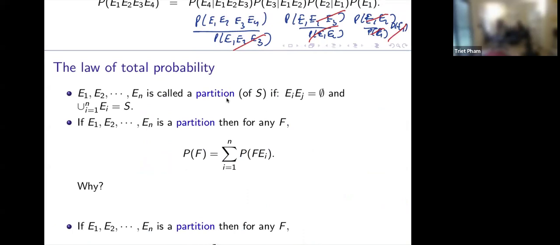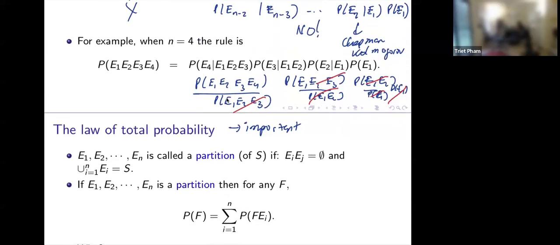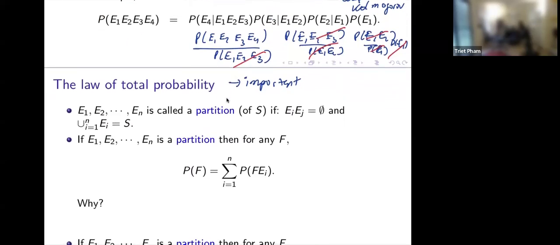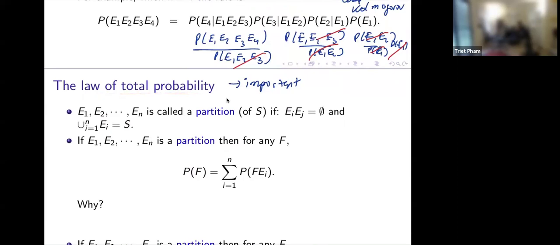I mean, the multiplication principle is also important, but it's more like, use it correctly and it will help you simplify a problem. Otherwise, you can do counting for now. But the law of total probability is really a point of view that if you miss it, you won't be able to solve the problem. Okay, so what is it?